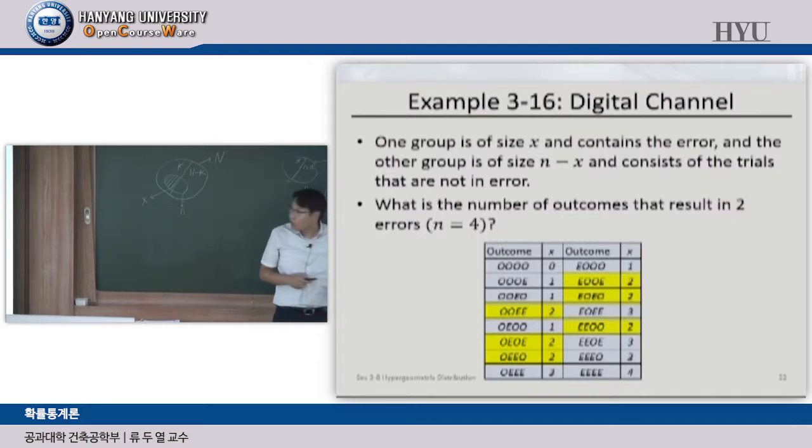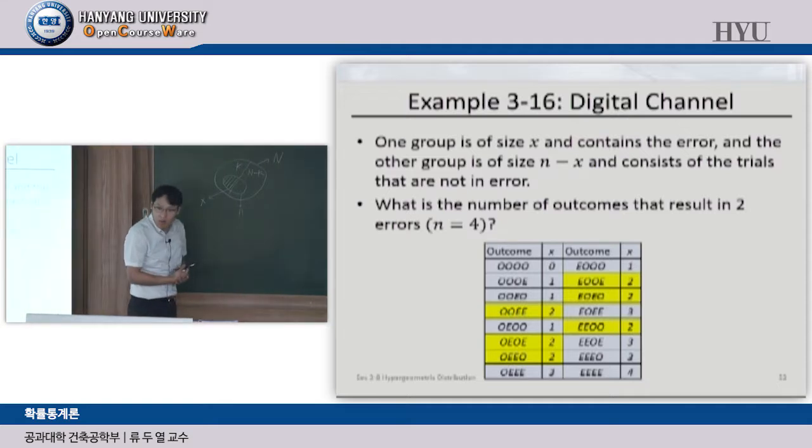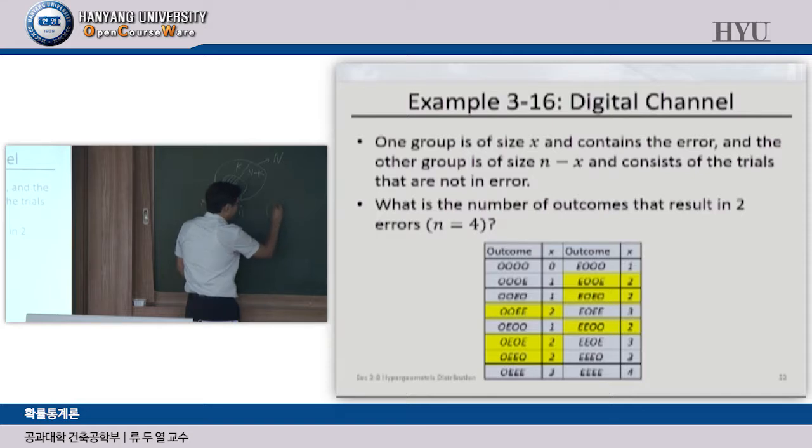So based on this example, we can simply know about the probability of selecting the random sample n among large N. This is the equally likely case, right? So all the cases have the same probability. And the total number of outcomes by which we can select the random sample n from large N is N choose n, right? In this case, what is the probability?